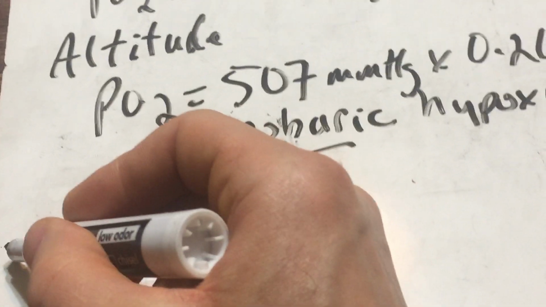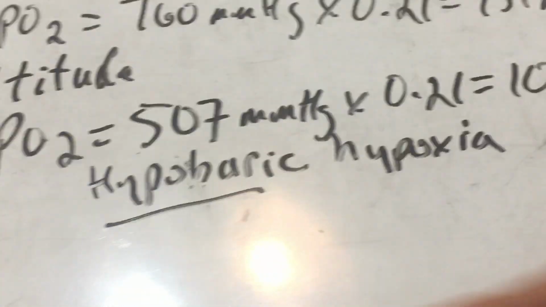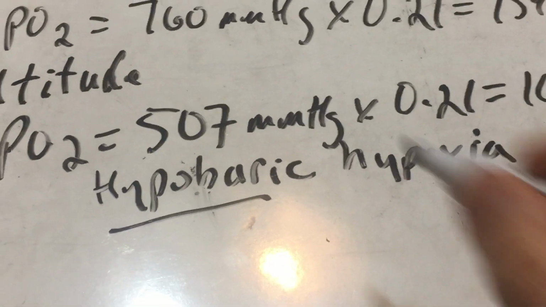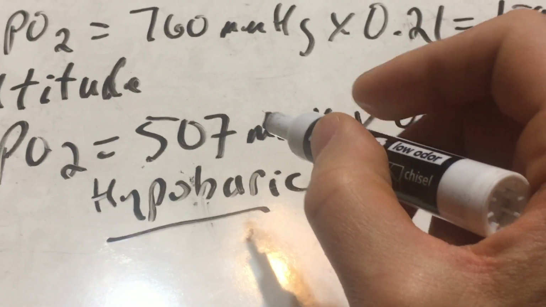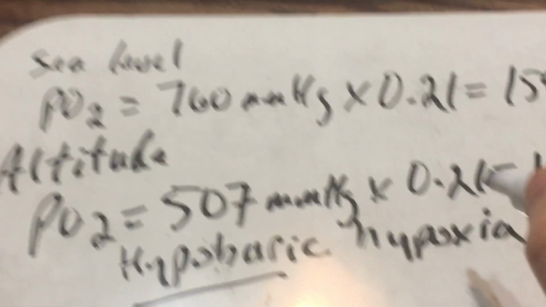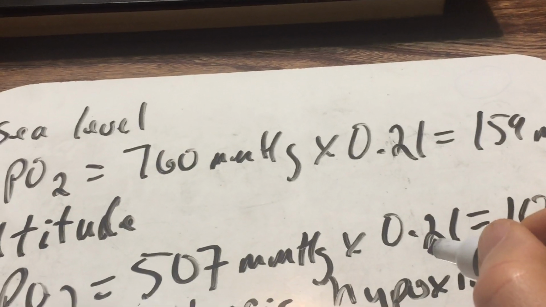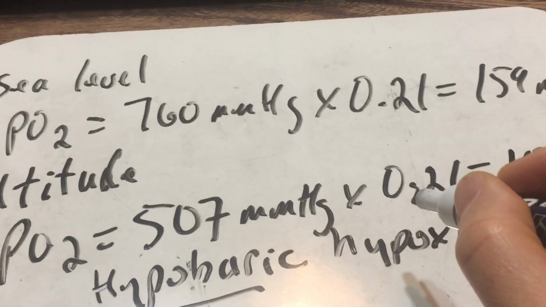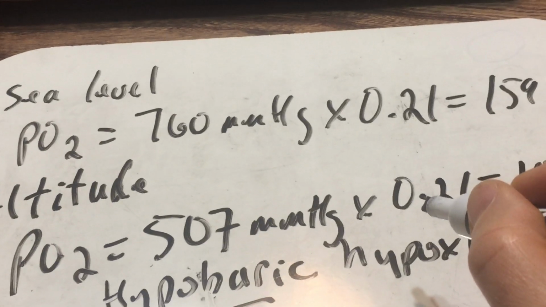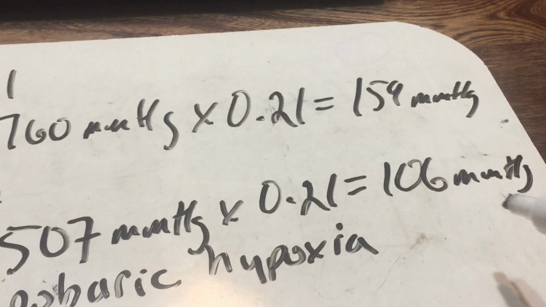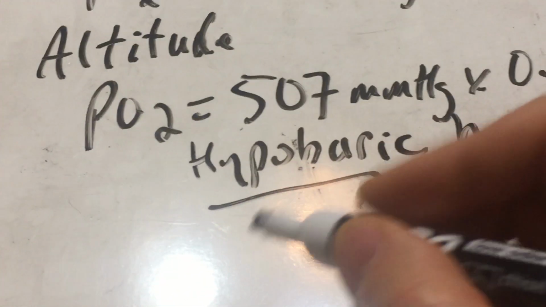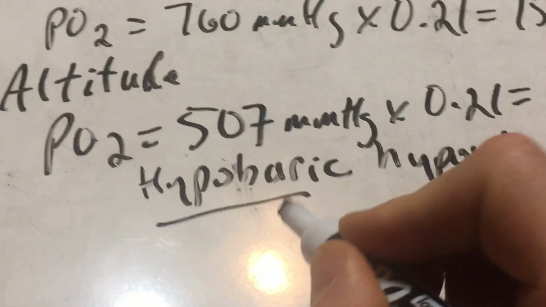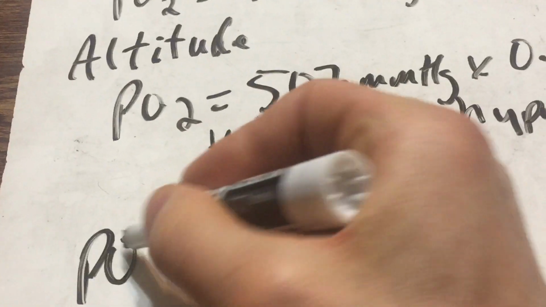So if you're doing a sea level experiment and you want to simulate altitude, it's difficult to bring the atmospheric pressure down at sea level. So what's often done is that at sea level, you'll alter the gas mixture so that you have a lower percentage of oxygen in the gas mixture, and that will result in a lower PO2. So, a sea level experiment where you're trying to simulate altitude.